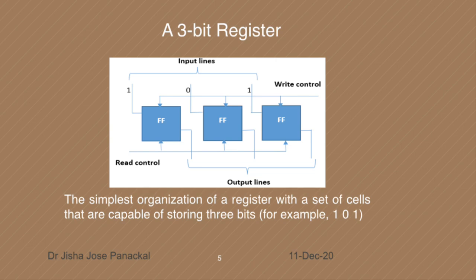This is the simplest organization of a register, with a set of cells capable of storing 3 bits. For example, here we are storing 101 inside this register, and if the read signal is given, it will produce 101 as the output. Similarly, we can construct a register of any number of bits.